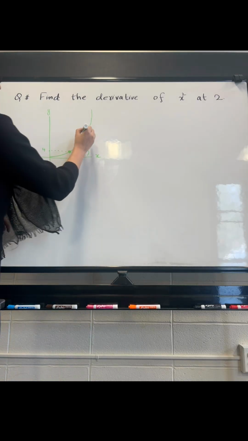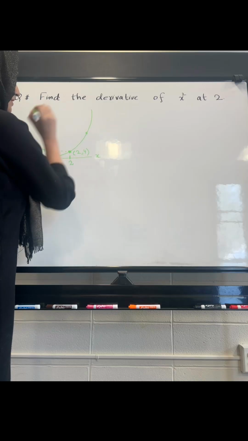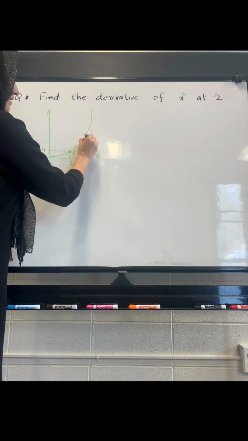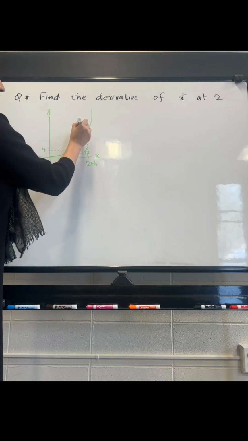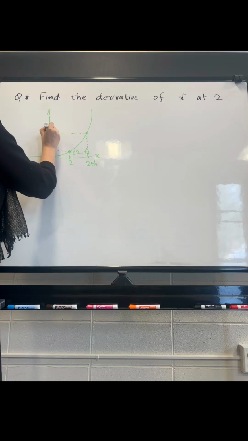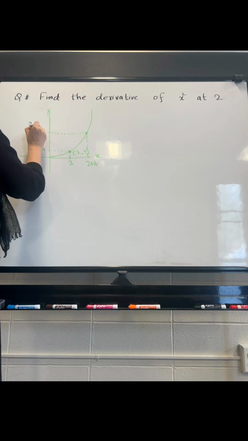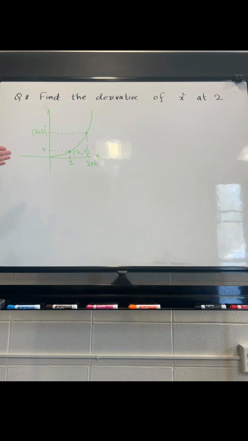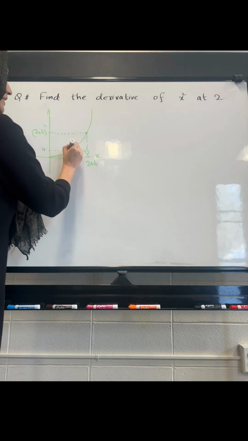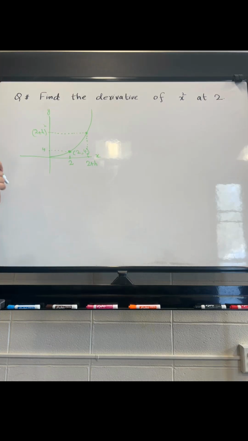Let's take another point like this. Let's suppose it is 2 plus h and this distance is h, and this point will be 2 plus h whole square. Okay, we will try to find the slope between these 2 points, right?